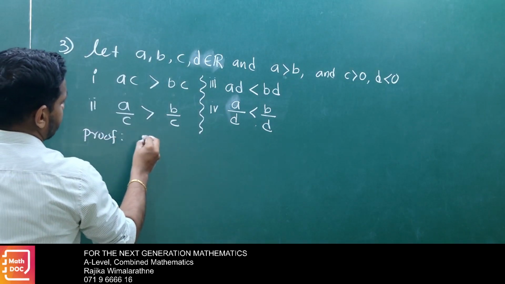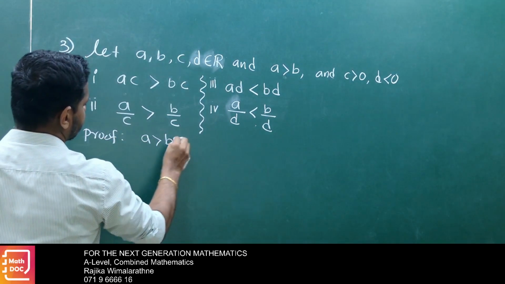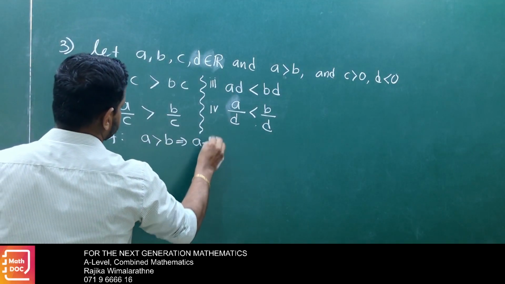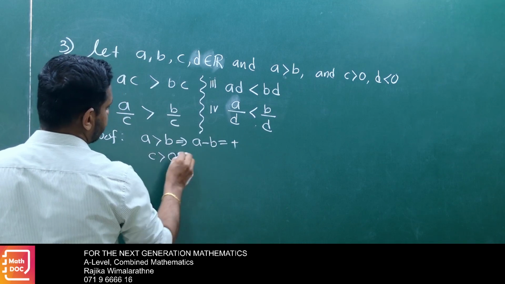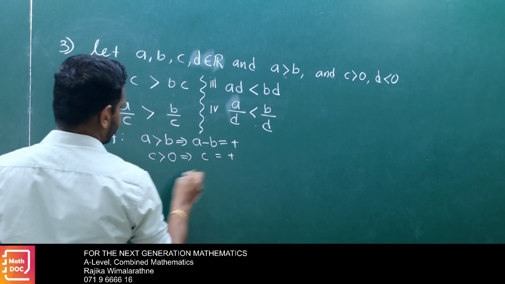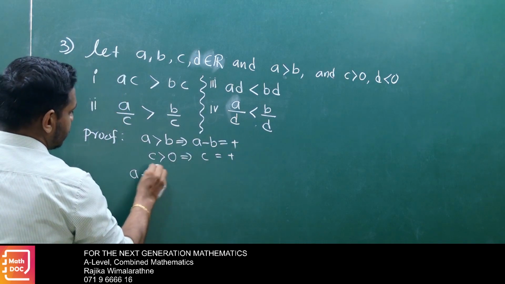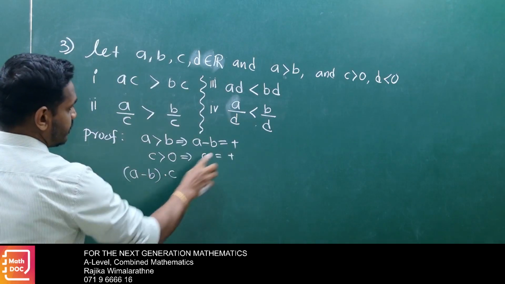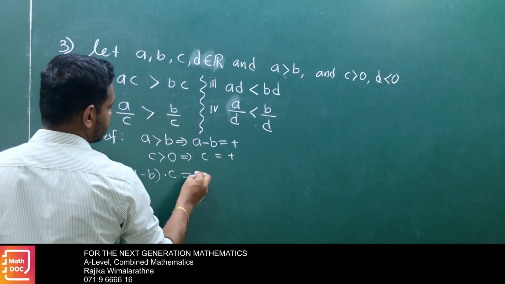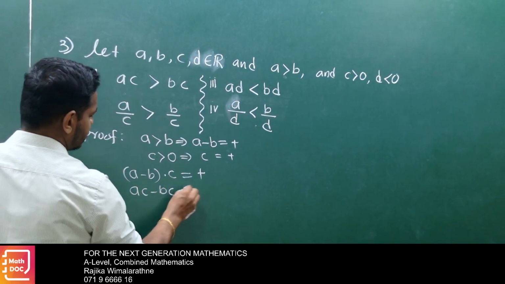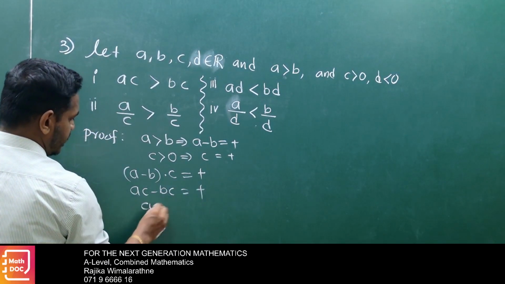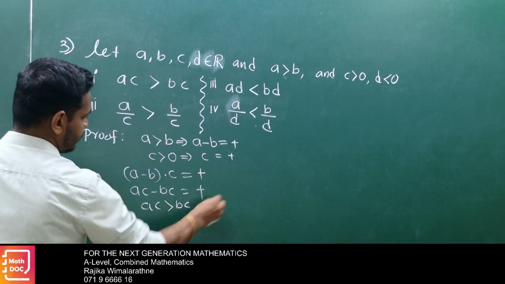Okay. See this proof. So here given data, A greater than B, no? Then the idea is A minus B is positive. Then C greater than 0 means C is positive, no? Then A minus B times C: positive into positive, we know it is positive. Then AC minus BC positive means AC greater than BC, no?